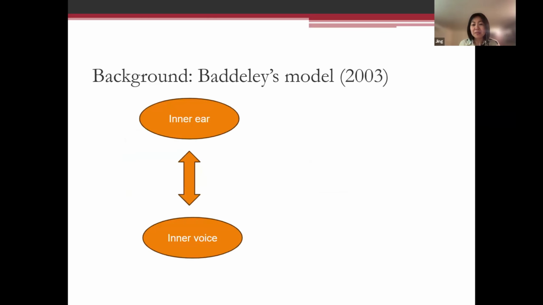For the inner ear, basically, there is a short-term memory. We call it the phonological store. So you hear speech sound information and you store it there in the inner ear. It's a passive activation, a passive target of the phonological working memory. You use that to hold speech sound information for a couple of seconds. And if you move on to inner voice, it's more active.